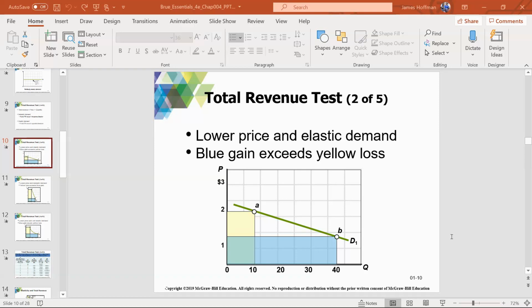The demand curve for a relatively inelastic good is steeper, so this one would definitely be more inelastic.